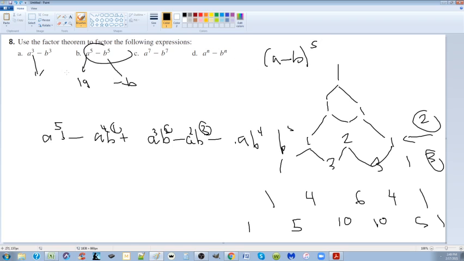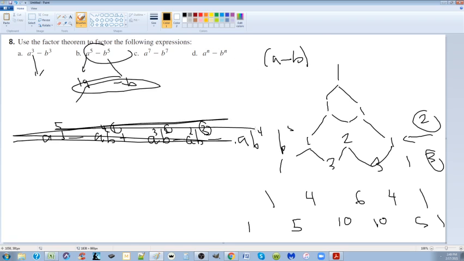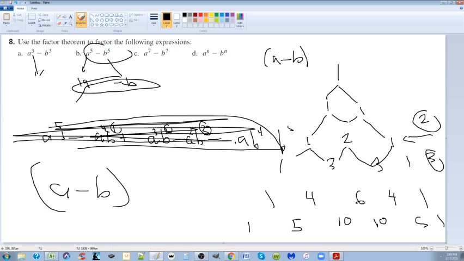My mistake. So factor theorem says that I'm taking a minus b out, and it's very much like the process I did for difference of cubes. Look up factor theorem.